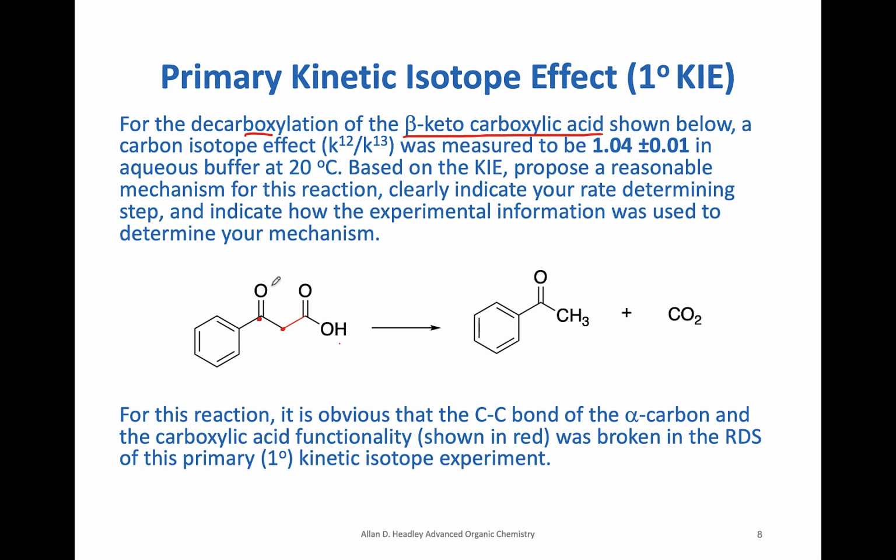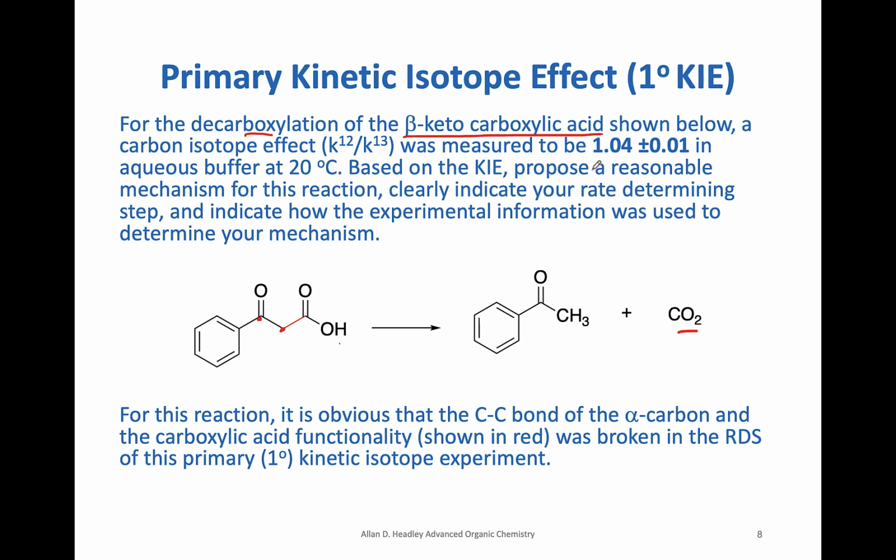So this is a beta keto carboxylic acid. If you should heat this up, you will observe that a reaction occurs where this is lost as carbon dioxide, and this is converted into a ketone here. And this one here is acetophenone.